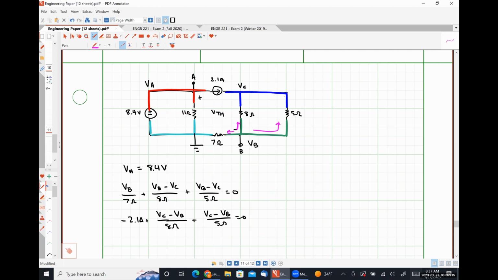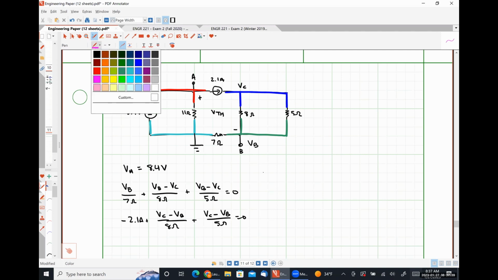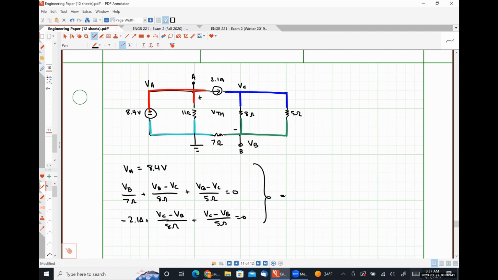When I write my KCL equation at C, I will also have 3 terms, this one to the left, this one down, and this one down: negative 2.1, C minus B over 8, C minus B over 5. All right, so now I just need to solve this system. So that's what calculators are for.